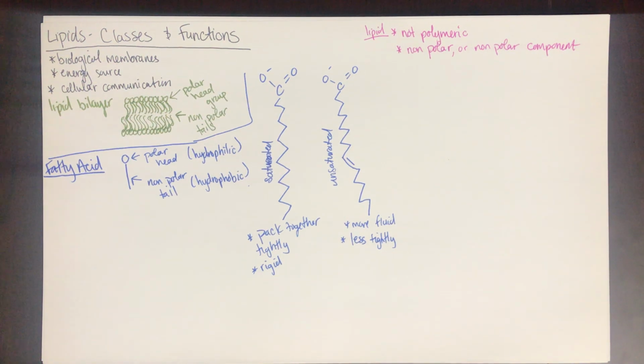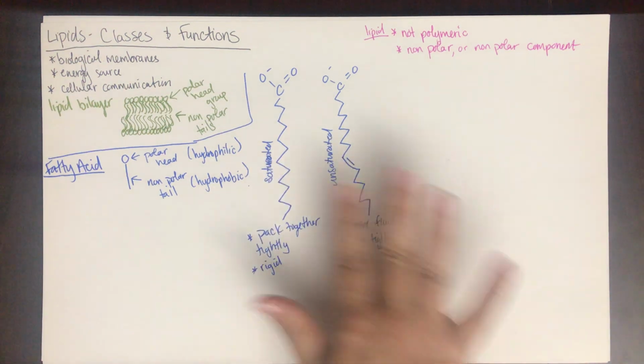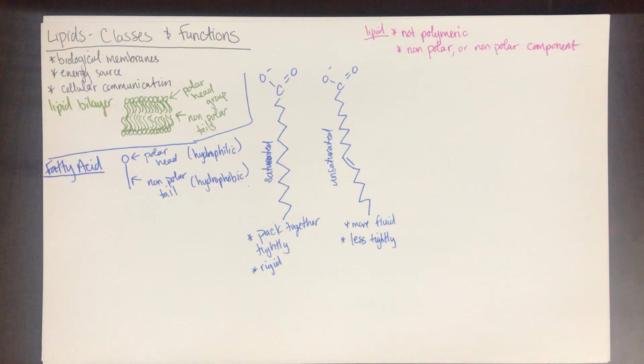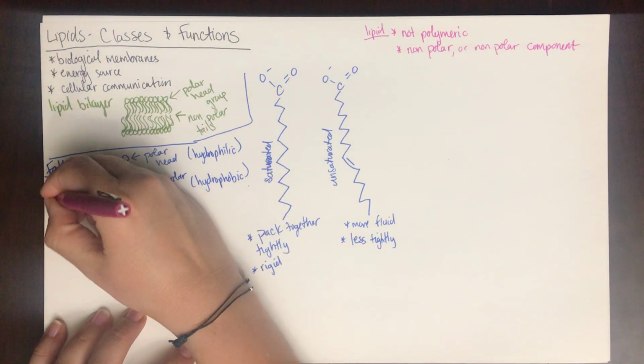And there's lots of pictures in your textbook and in the slides of cartoons of saturated versus unsaturated fatty acids and what that makes the lipid bilayer look like. So all of these lipids having a polar head group and a non-polar tail group, that makes these membranes what we call amphipathic.